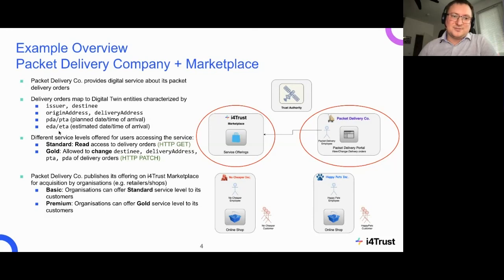And then there might also be an estimated date and time of arrival, which might be calculated from these planned times. And this packet delivery company was offering two different service levels for its service.